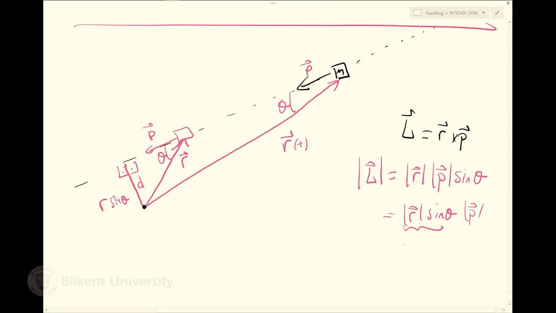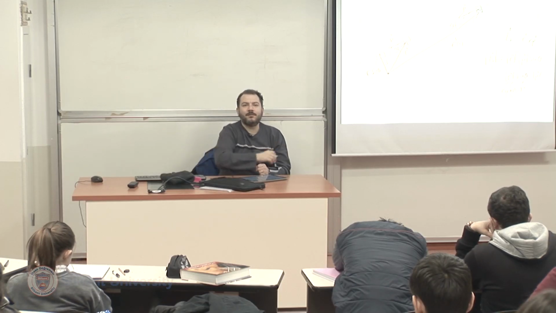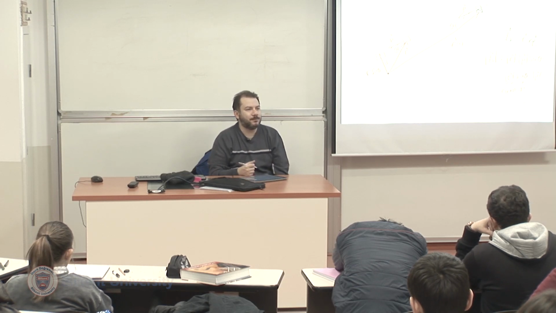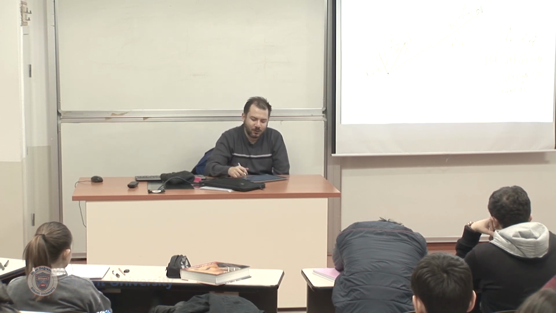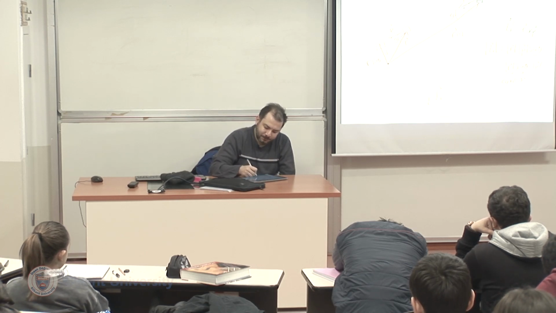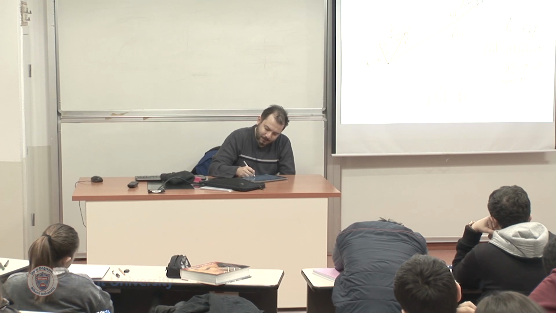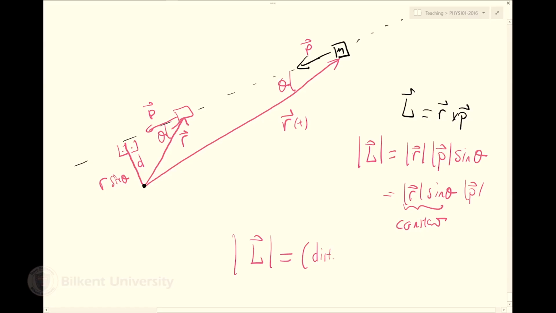So R times sine theta is constant, so the angular momentum of an object that's moving with constant velocity with respect to any pivot point is constant. All right? So in other words, you can remember this L as the distance of closest approach times momentum. All right? That's what R cross P means.